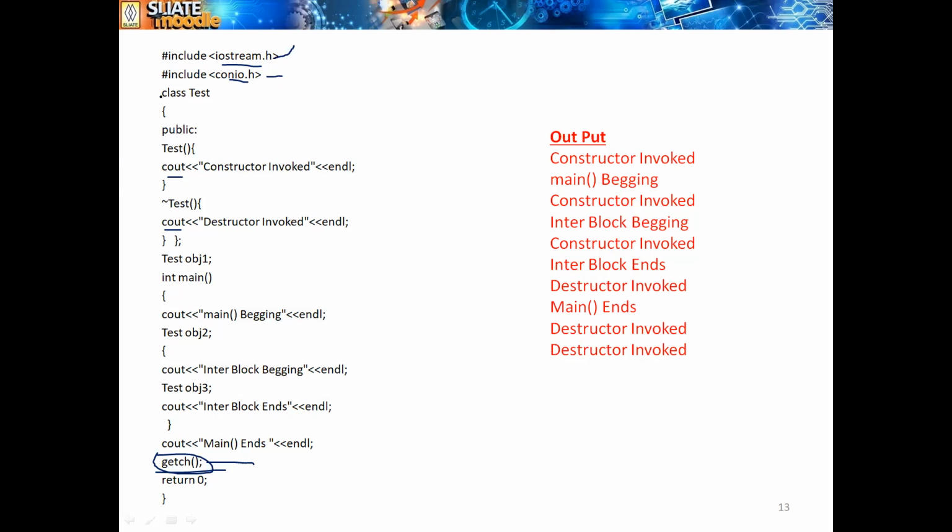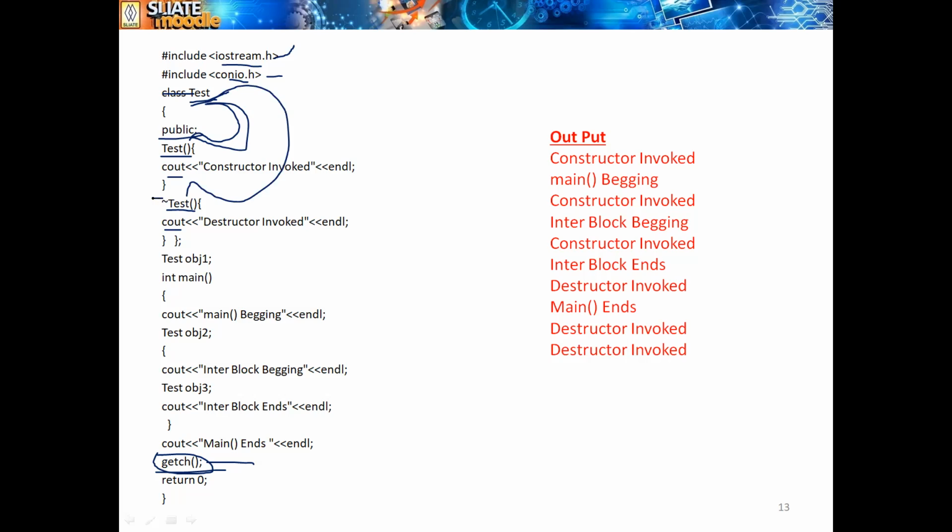This is a class and the class name is Test. There are public methods, Test and ~Test. Very important: this is the class name Test, and to the class we write some member functions called constructor and destructor.